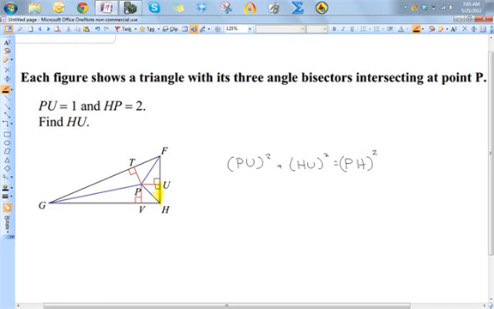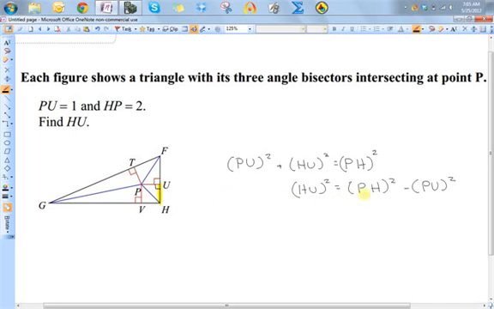We're trying to find HU, so I can say HU squared is equal to PH squared minus PU squared. I could go ahead and take the square root of both sides, but I'm going to leave it in this form for now. I'm going to start substituting in these values.